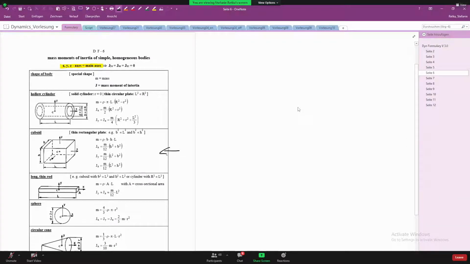Now we have to make sure that we insert the right dimensions of our specific system, but in general it's 1/12 times mass, and here height squared plus width squared, and in our case h is equal to c. Okay, so for these simple geometries, we do not need to integrate the system, but in general, this would be the steps we'd have to take.